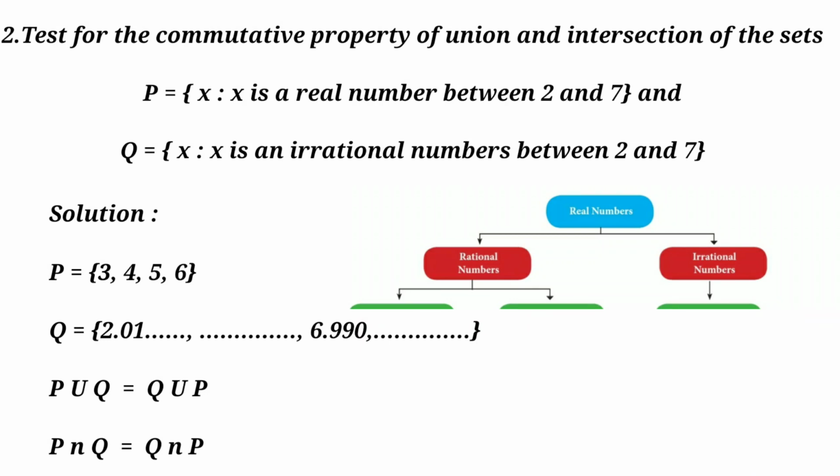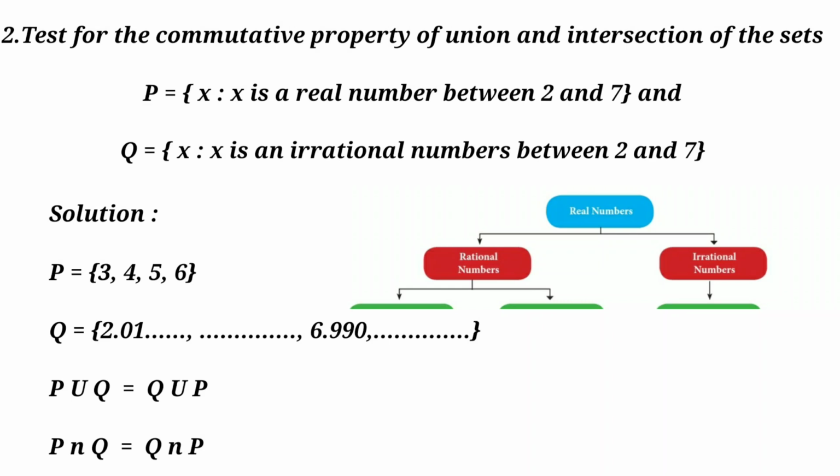Here, irrational numbers are a subset of real numbers. So P union Q is equal to the real numbers, and Q union P is also the real numbers. Therefore P union Q is equal to Q union P.